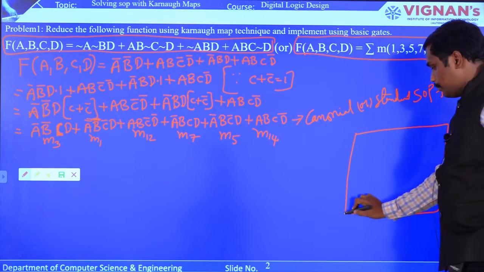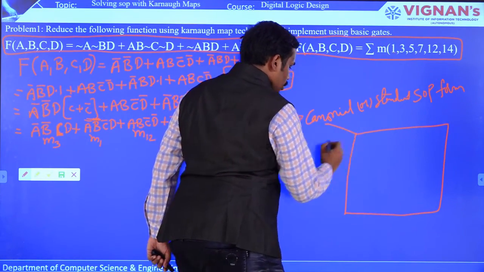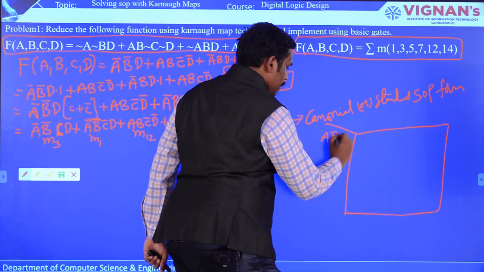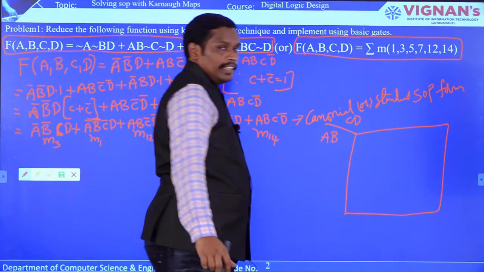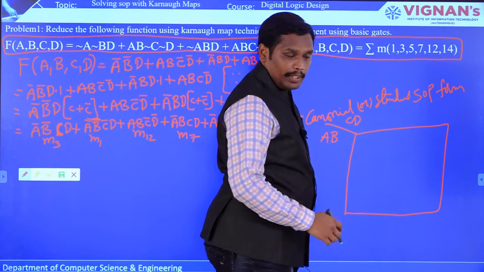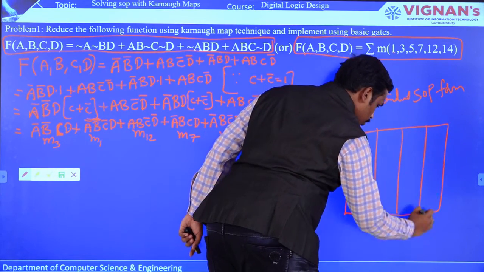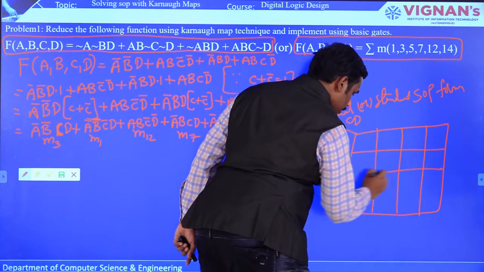So, Karnaugh map for 4 variable map, that is, here you can see that A, B and C, D are the 4 variables that are there in the expression. So, we are going to construct a Karnaugh map with 4 variables. So, there will be how many cells? 16 cells, right.